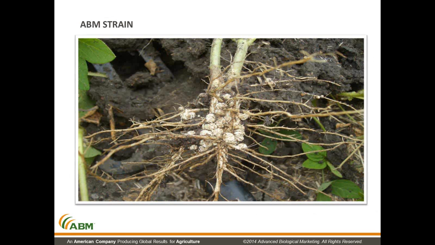The strains that we use, you'll see here, are quite a big difference. Our strains are going to be larger in appearance. They're going to look like a crinkled up paper, rough look, which also allows for a larger surface area. You're going to find that the nodules on our inoculants will primarily be on the tap roots of the plants. So we find that these, by being on a tap root, the nodules are actually more efficient to the soybean plant.